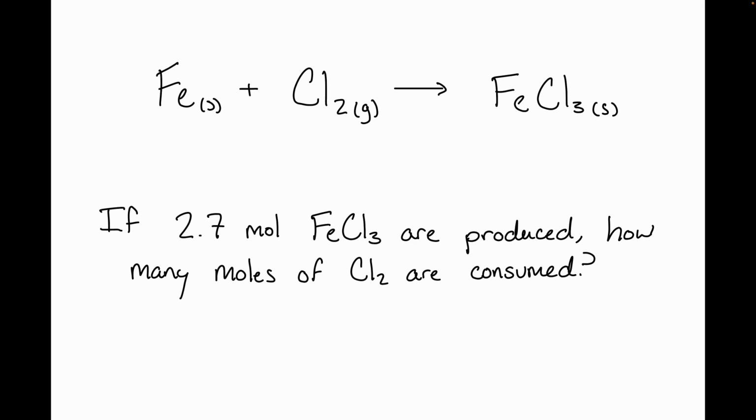Okay, so you're going to balance this chemical equation, and you're going to use that balanced chemical equation to tell me that if 2.7 moles of this iron 3 chloride are produced, how many moles of chlorine must have been consumed?